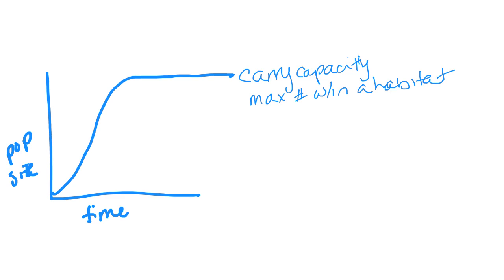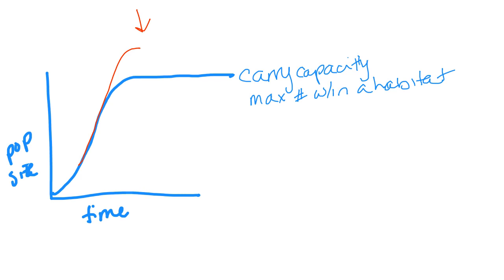If a population gets too big, let's say we're talking about squirrels and the population grows and it gets too big, there are going to be some things that push it down and force it to get smaller. It can't keep growing beyond its carrying capacity.